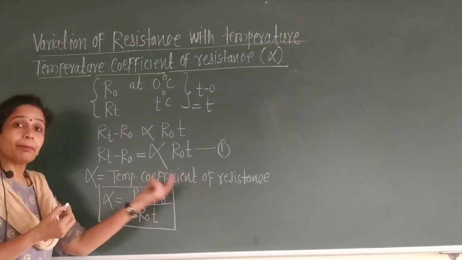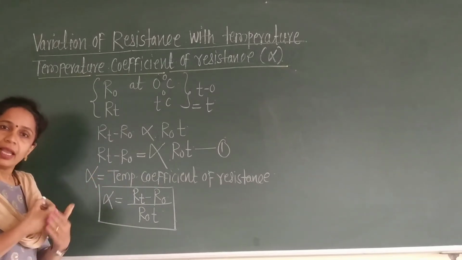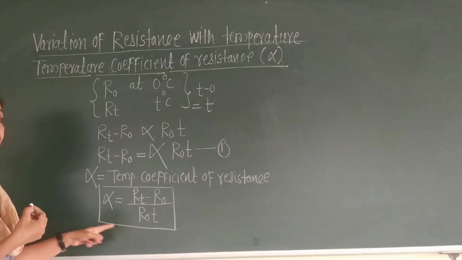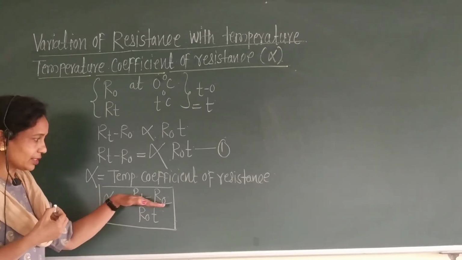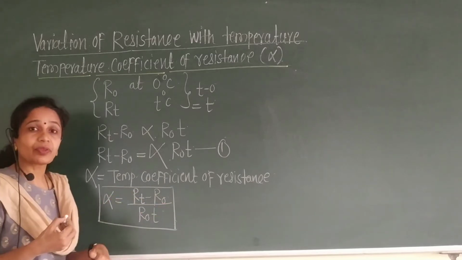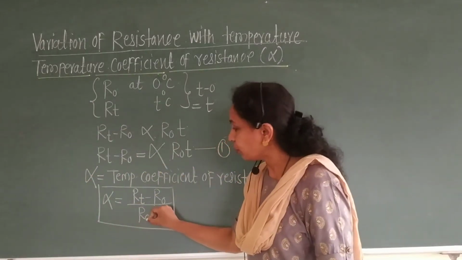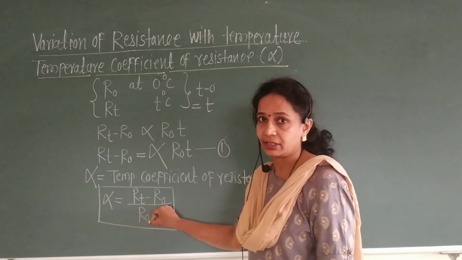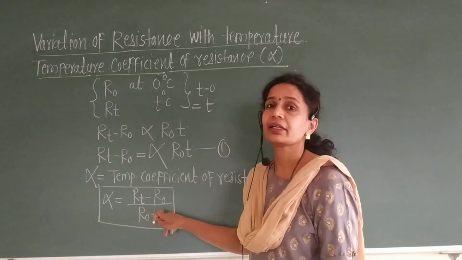Alpha means temperature coefficient of resistance, and it is defined as the ratio of increase in resistance per unit original resistance per degree rise in temperature.